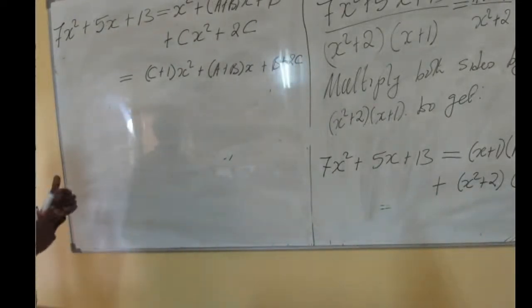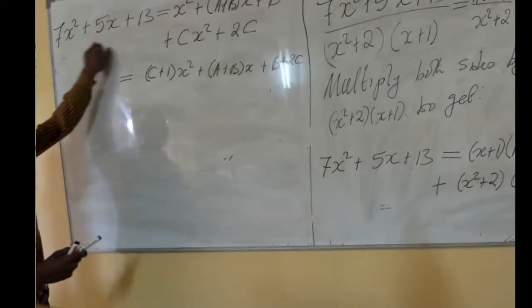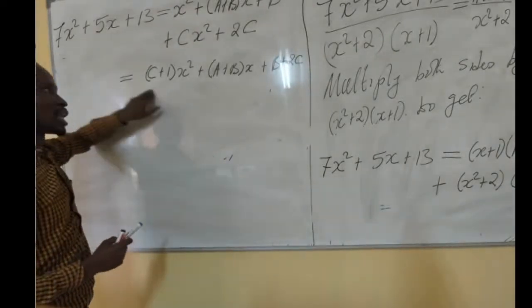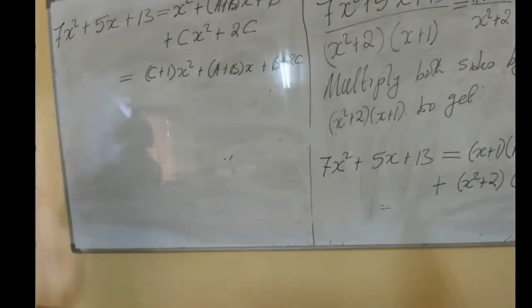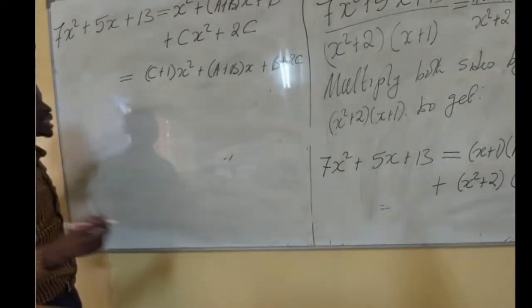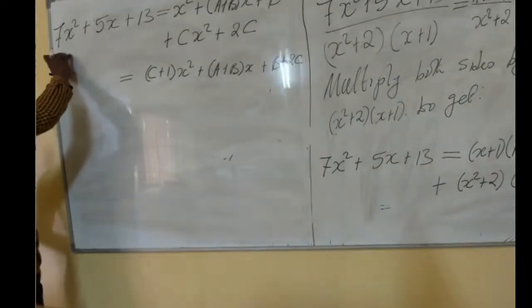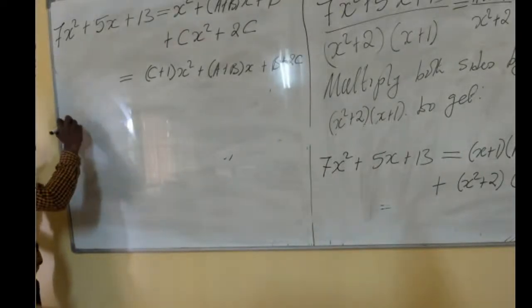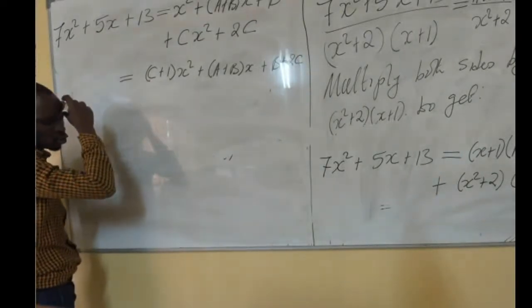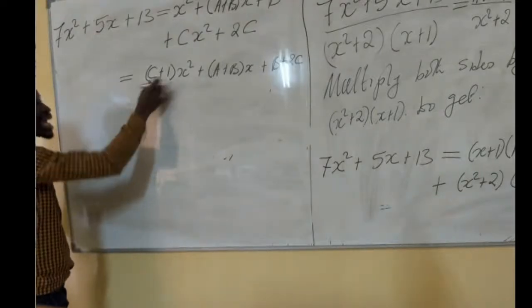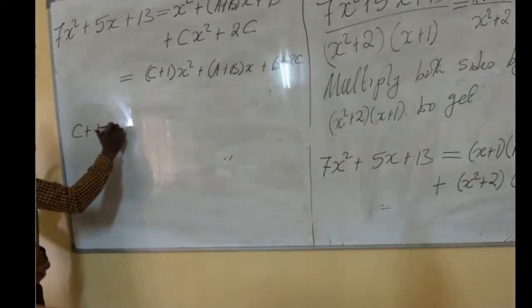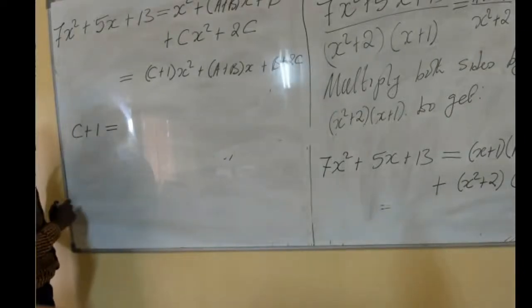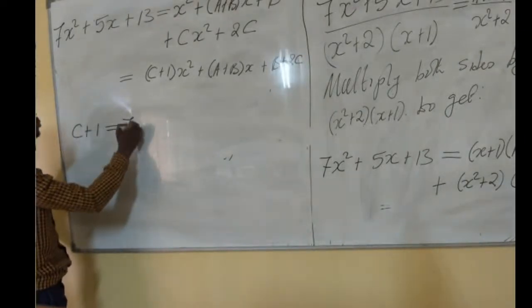Now, for the right hand side to be identical to the left hand side, the only possibility is that the coefficient of x squared on the right hand side must be equal to the coefficient of x squared on the left hand side. On the right hand side, the coefficient of x squared is a plus c. On the left hand side, it is 7.